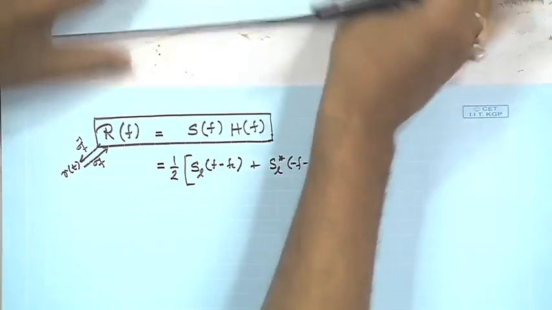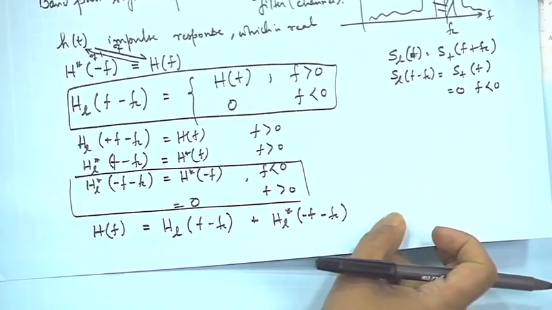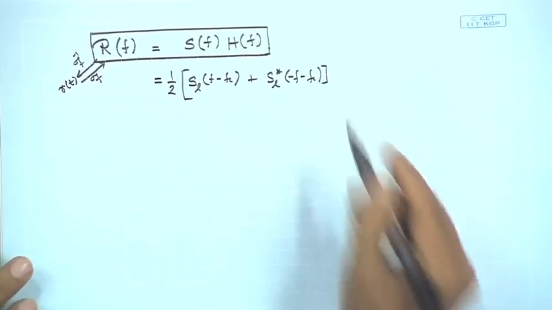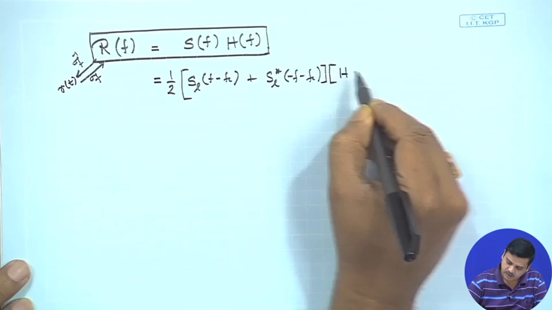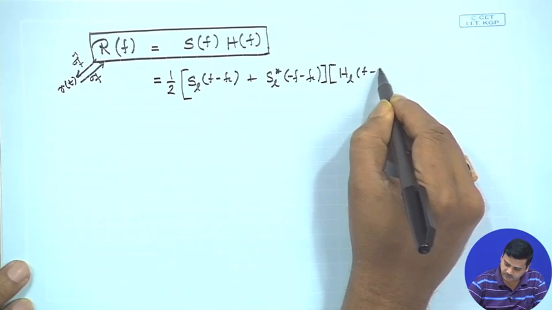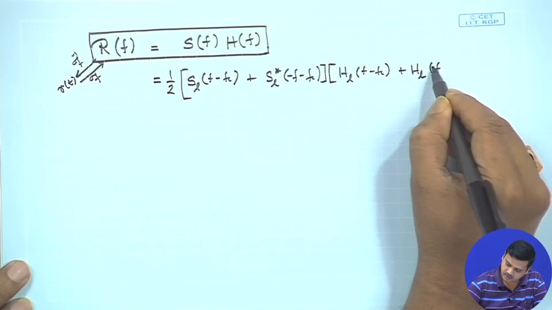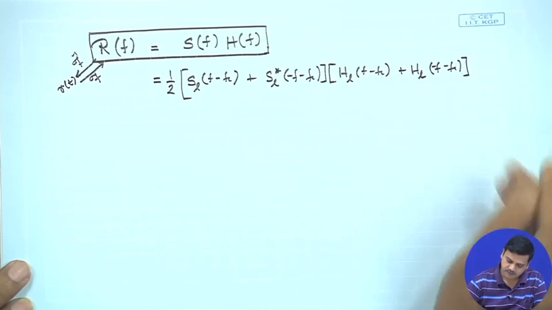That you can see we have already defined in the previous lecture. So, we will follow by the same thing. So, instead of the half, you simply have H_L(f minus f_c) plus H_L(minus f minus f_c).